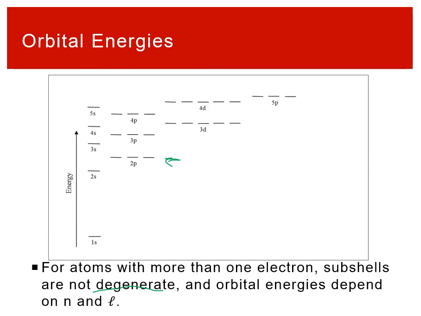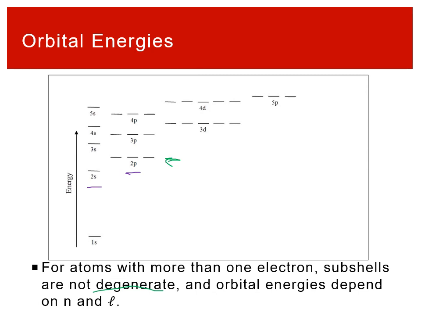You will note that within a given shell, though, 2s and 2p are not degenerate. 2s is a lower energy. If you have an atom with more than 1 electron, which is most atoms, the orbital energies depend on n and l, which are the principal and the angular momentum quantum numbers. So really what it comes down to is the different subshells have different energies, but that's it.